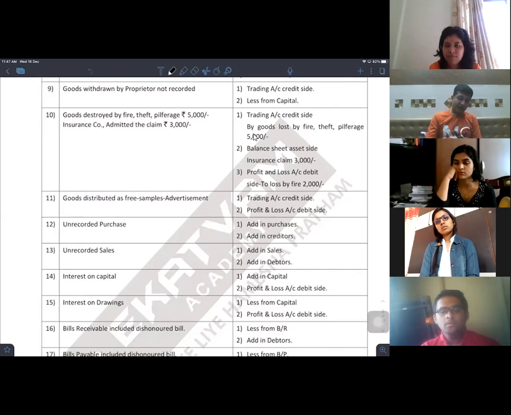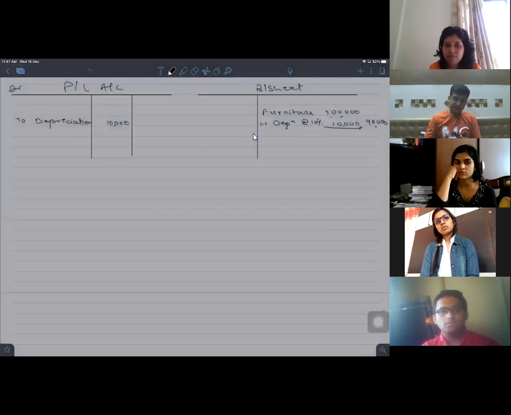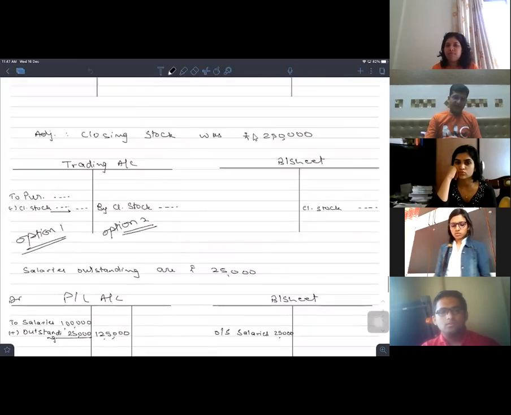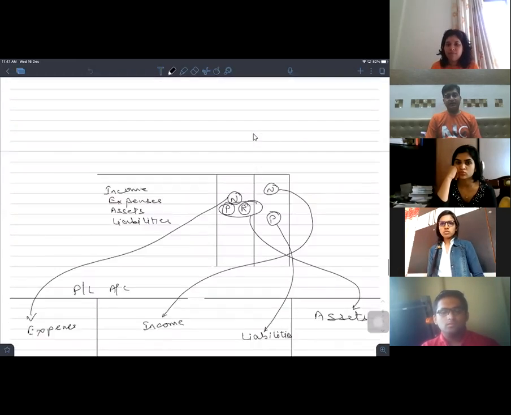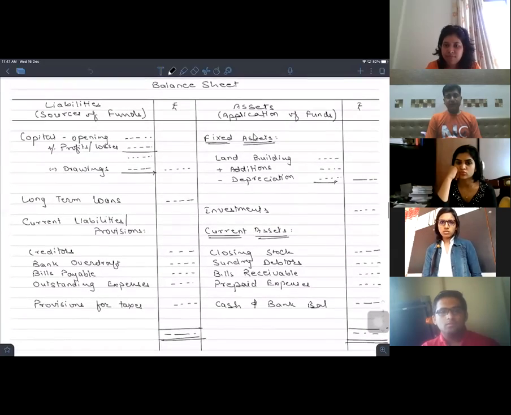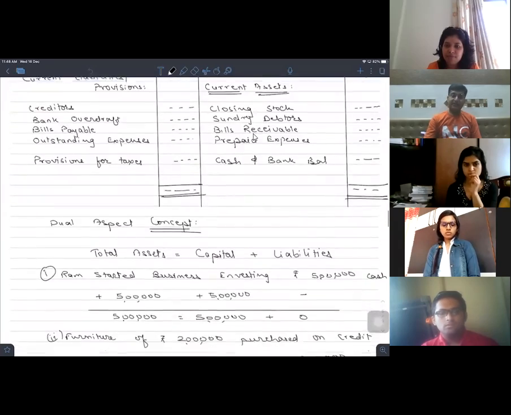Remember when I put the format of the balance sheet in front of you, this format of balance sheet, what did we show in that? Opening capital, add or subtract from that the profit or loss during the year, and then subtract therefrom the drawings for the year or not. So if goods are withdrawn, then that will also be subtracted in the balance sheet liability side from the capital only.